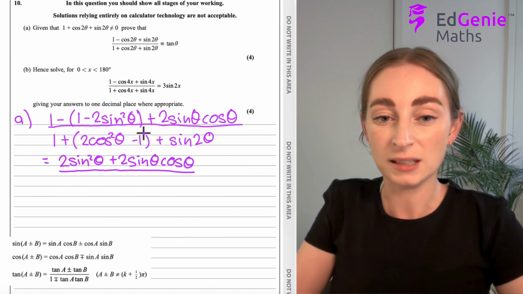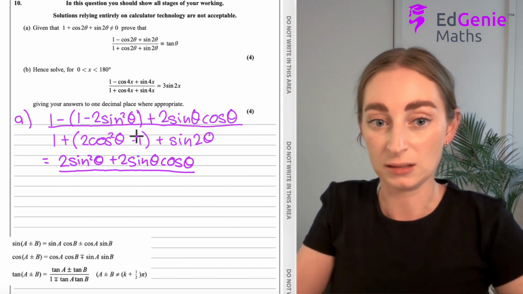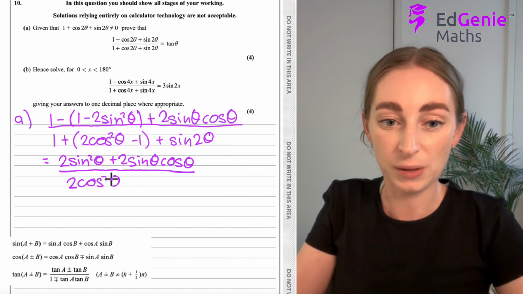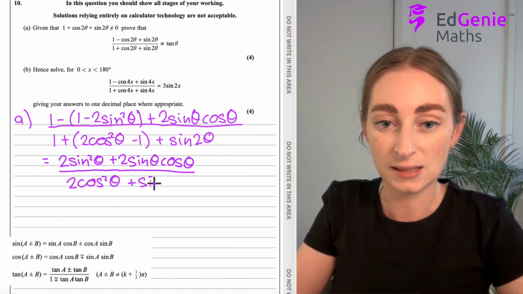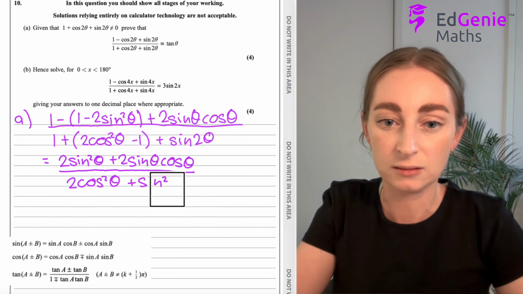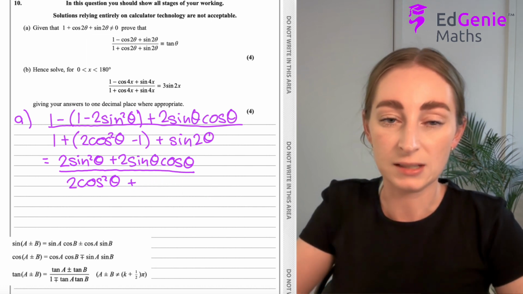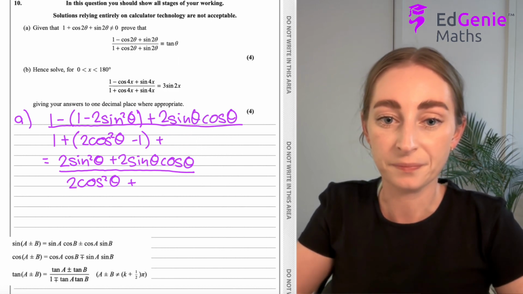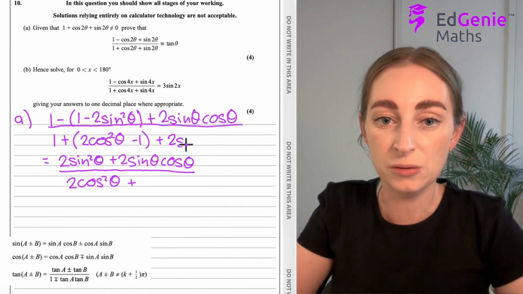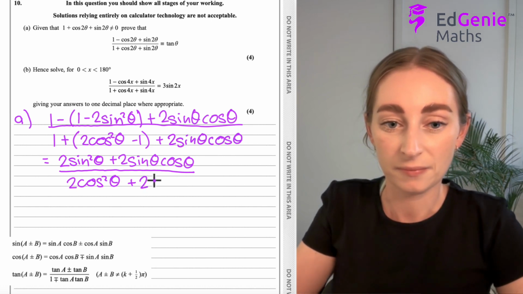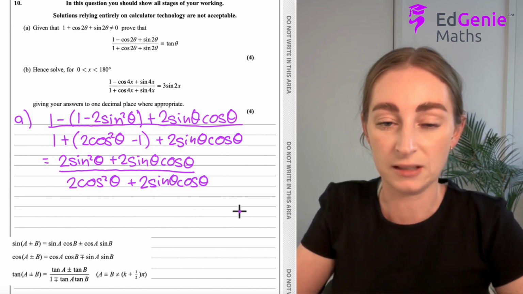This 1 is going to cancel out with that negative 1, so that's a good sign. Then we're going to be left with 2 cos squared theta plus sine 2 theta. Did I not change that sine 2 theta? Okay, let's change it now. So that's sine 2 theta. Let's change it up here. We know that that's 2 sine theta cos theta. So here, sine theta cos theta.